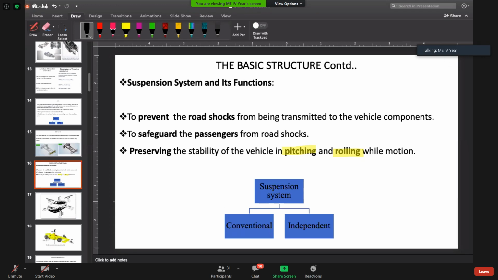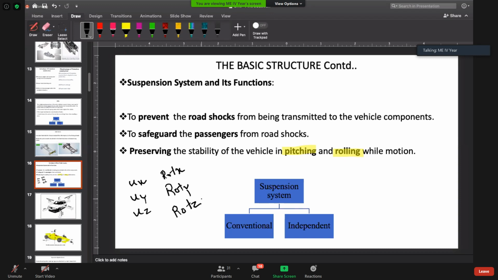Can anyone tell me, if you remember? UX, UY, UZ, and on the other side, rotation about X, so I'm writing ROTX, rotation about Y axis, and rotation about Z axis.